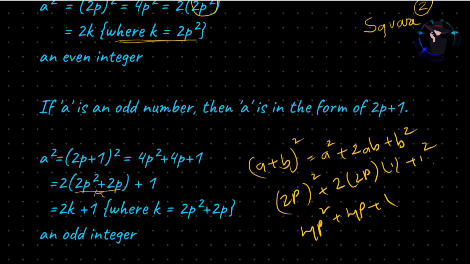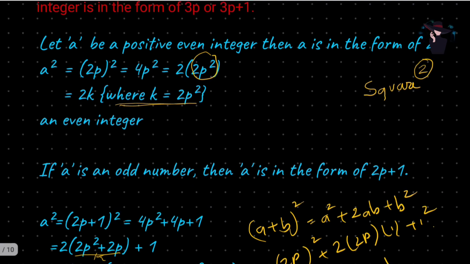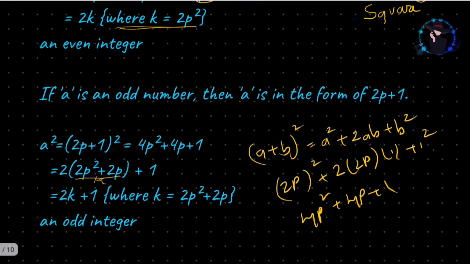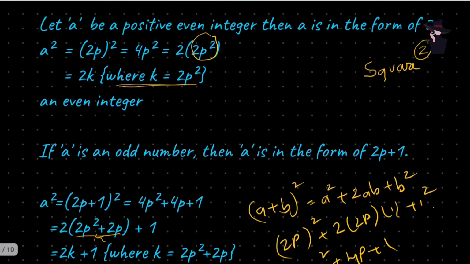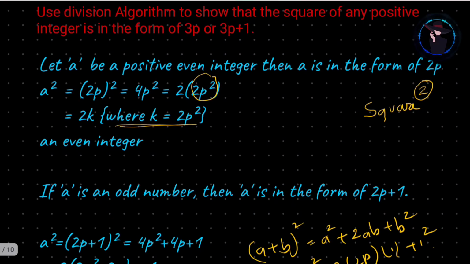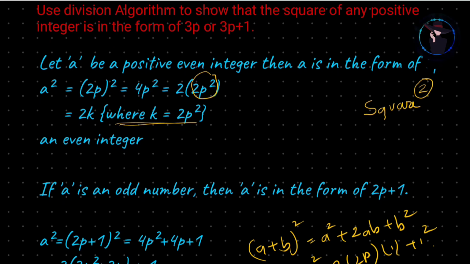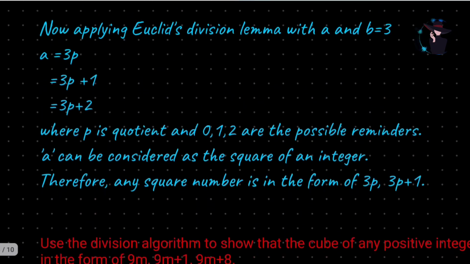We got one even integer and we got one odd integer. So it is satisfying the equation, which includes all positive integers, whether they are even or odd. If it is satisfied with 2p, then it can also be satisfied with 3p. So now applying Euclid's division lemma, where b is equal to 3 as given in the question, it could be 3p, 3p plus 1, 3p plus 2, because the remainder should be less than 3.